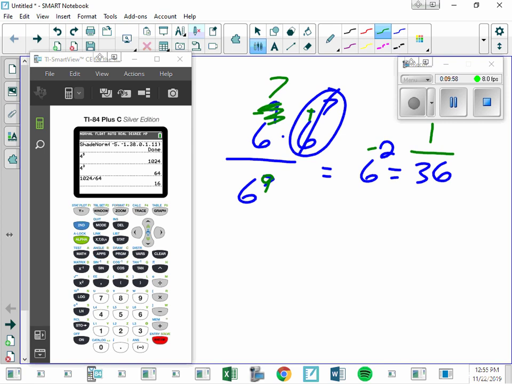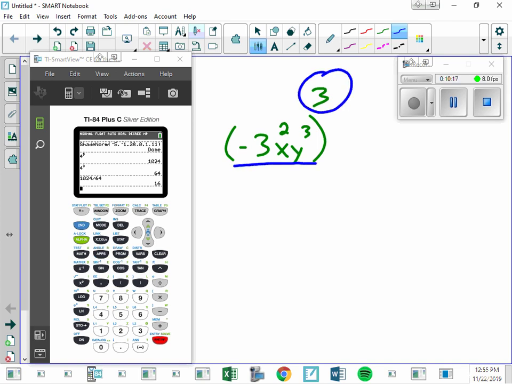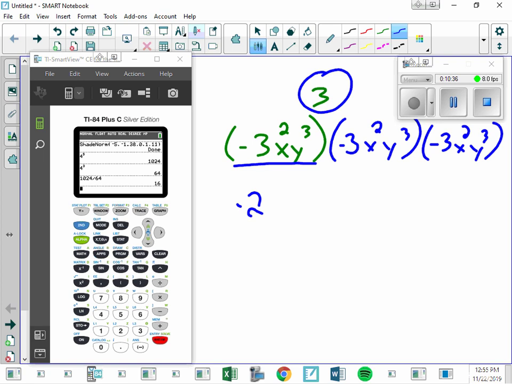The last thing is, what if I had -3 x squared y to the third, raised to the third. Well, this means that I have 3 copies of this. We have to put them all together. So -3 times -3, 9 times -3, -27.